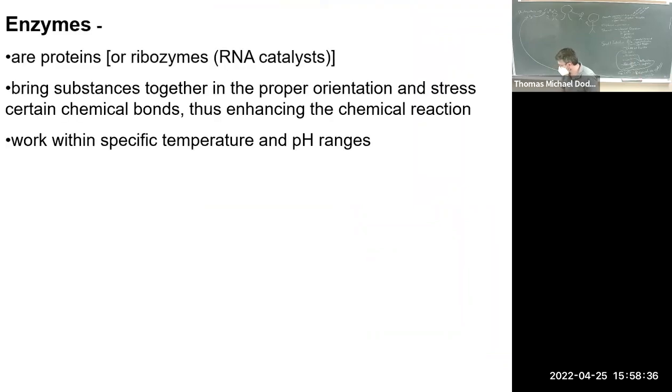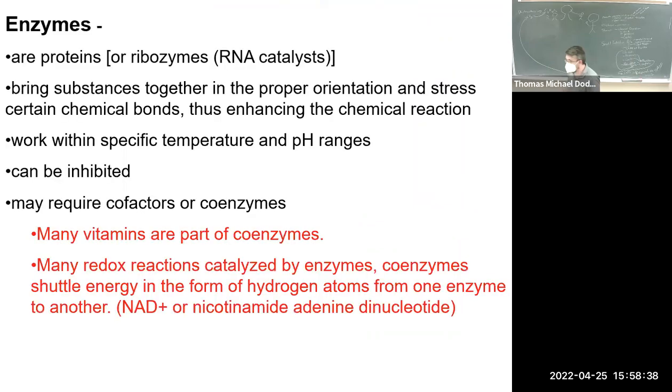Enzymes, what is the connection to enzymes here? What I want you to know about enzymes is that they are chemical digestion. It's just done through enzymes. That's all chemical digestion is. Enzymes are also specific. So what temperature do your enzymes work at?